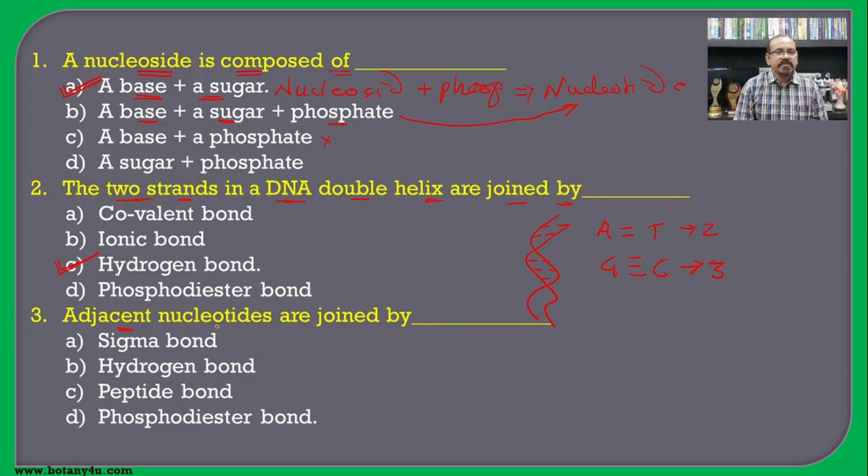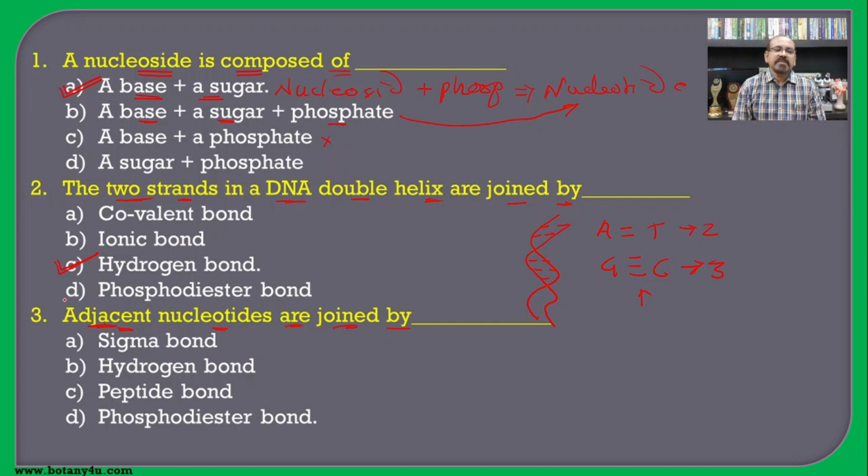The adjacent nucleotides are joined by. Adjacent means the nucleotides which are present on the same strand, while the opposite nucleotides, as we have seen, are held together by means of hydrogen bonds. So you must remember that adjacent means those present on the same strand.